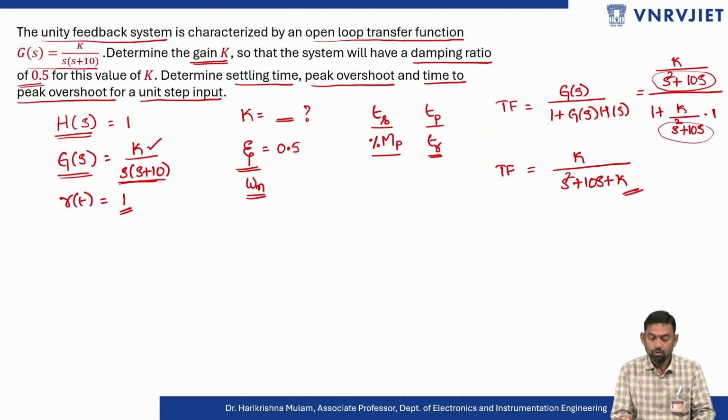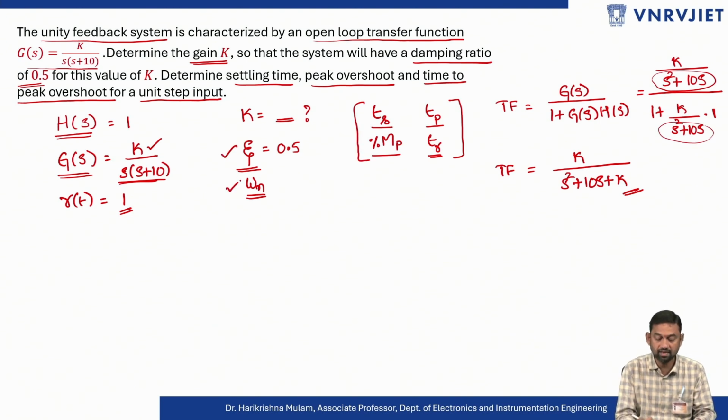Then, in order to find all these time domain specifications, you need information about zeta and omega n, but already in the problem, they have given zeta as 0.5. Therefore, to find omega n, always compare the transfer function that you have come across in the problem with the standard way of representing the second order closed loop system transfer function.